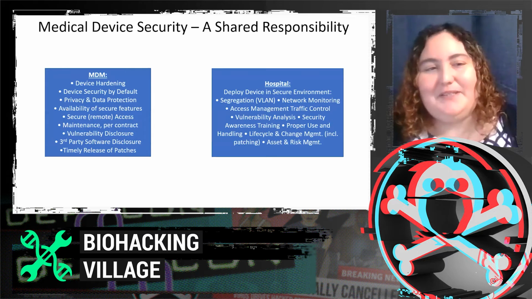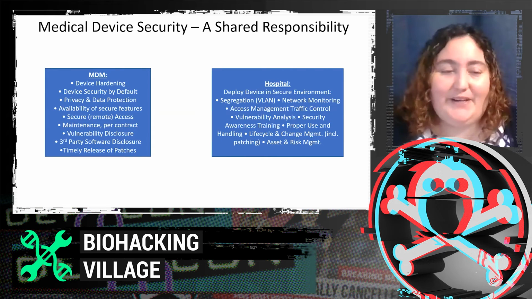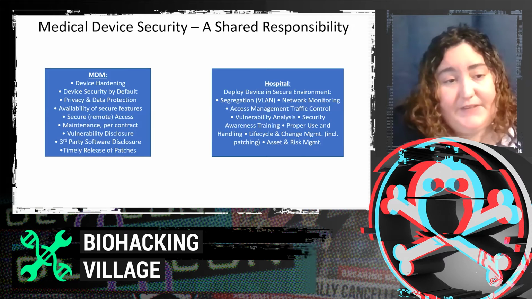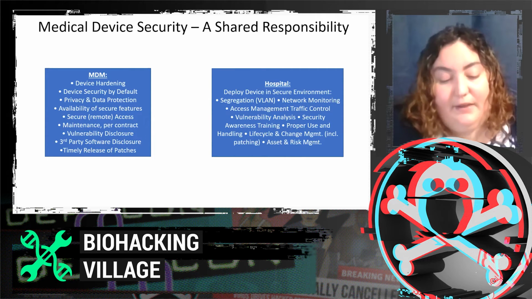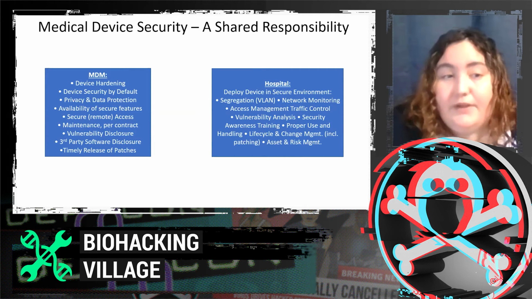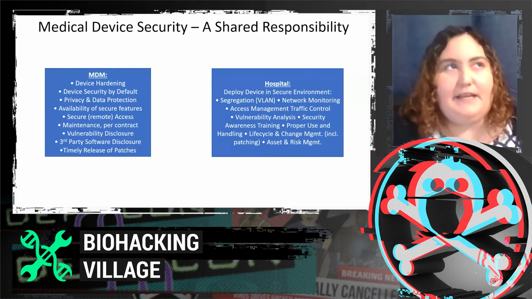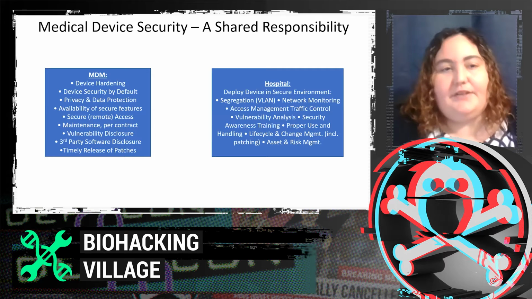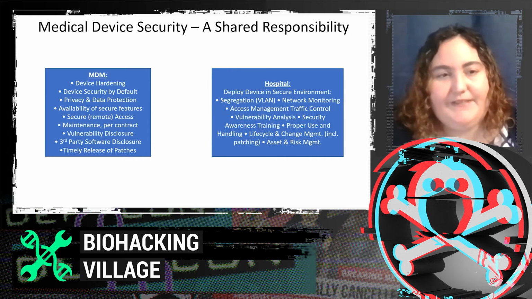There's a shared responsibility. Medical device manufacturers need to make a safe device, or as safe as possible, and give you the avenues to have safe settings, control your access to your device, protect your data, respect privacy.